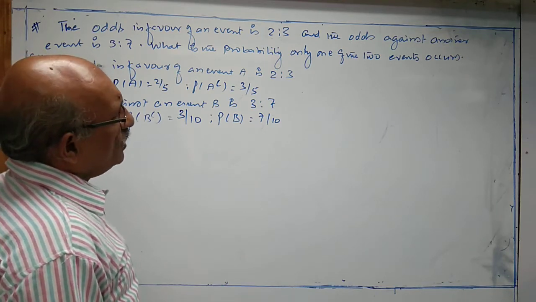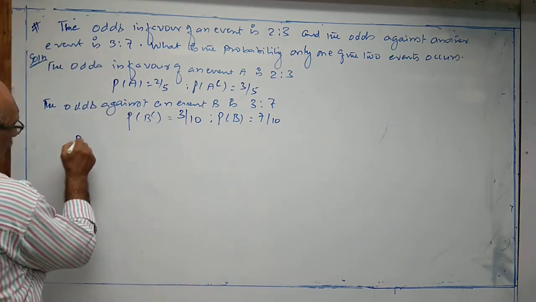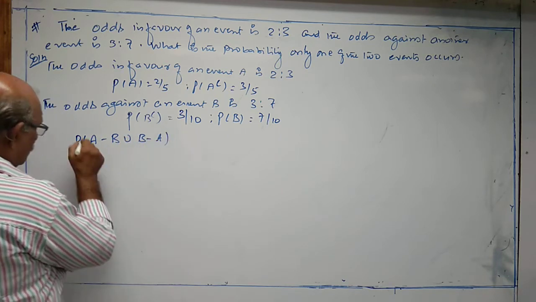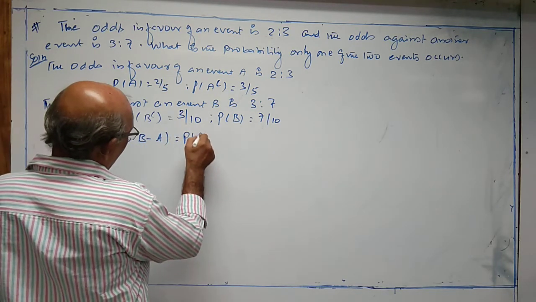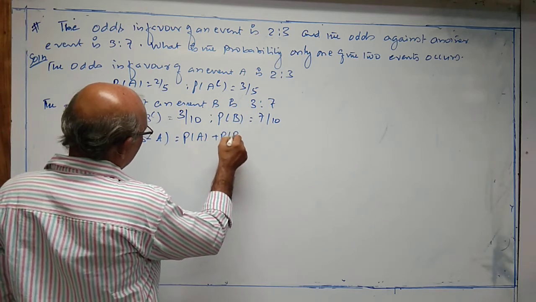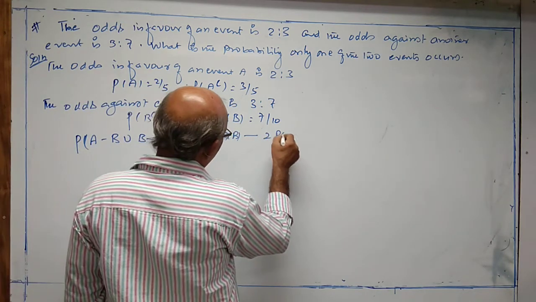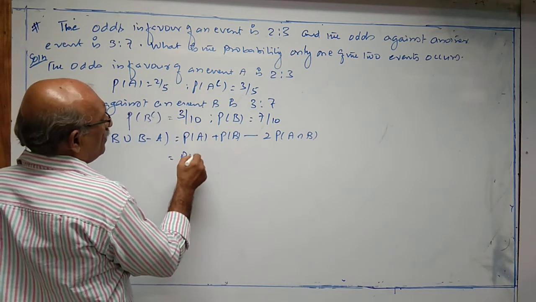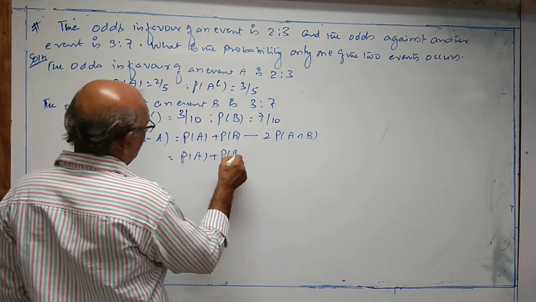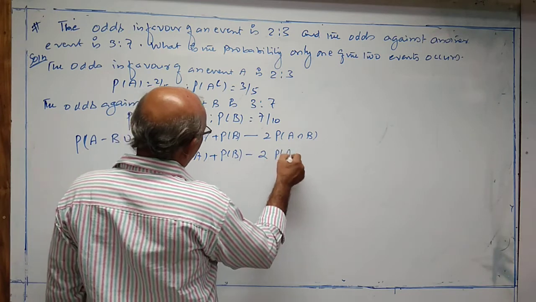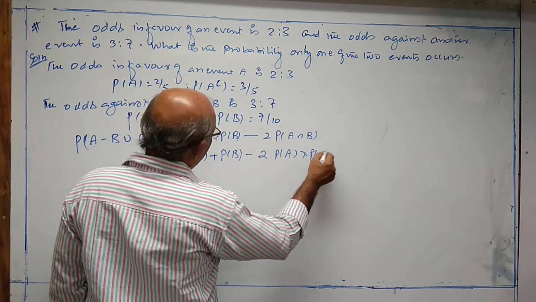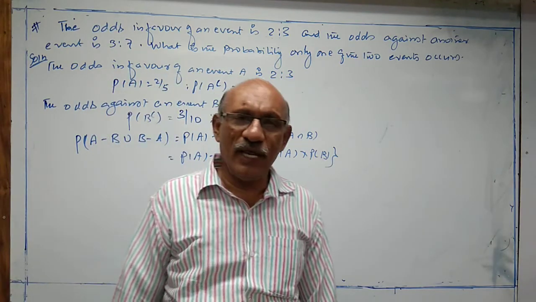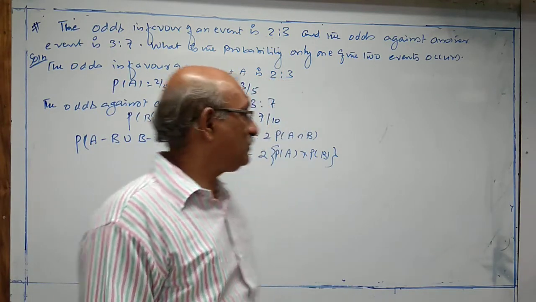Now only one of the two events occurs: A minus B union B minus A. This is P of A plus P of B minus 2 times P of A intersection B, that is P of A plus P of B minus 2 times P of A into P of B. For these type of problems, we assume A and B are independent events.